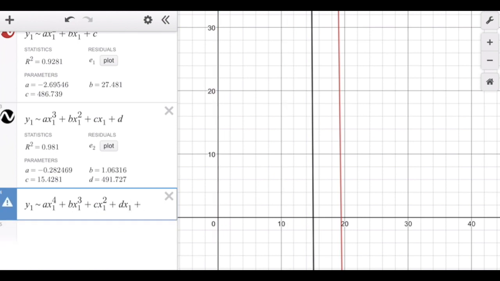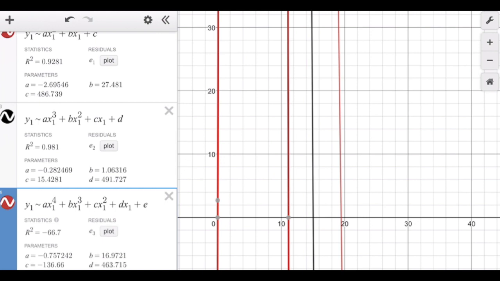So notice that as I'm adding more and more values here, I'm just adding more and more letters. But notice that I have the fourth power, the third power, squared, first power, and then no power with each one of them. And the sub ones are just telling the data where I need to put my data points. Which values am I pulling from? And I'm pulling them from the first chart that we created.